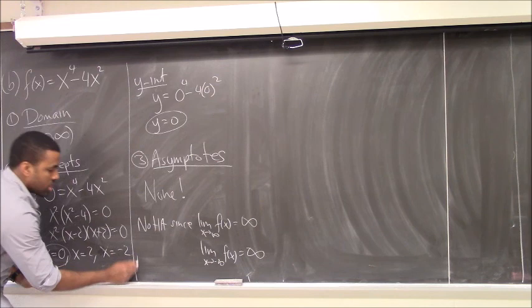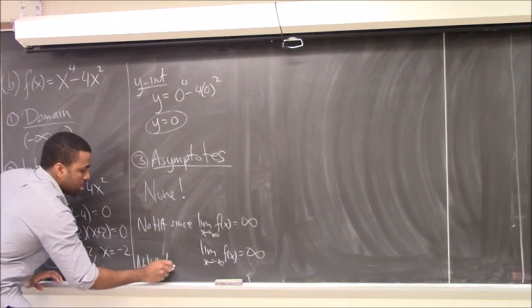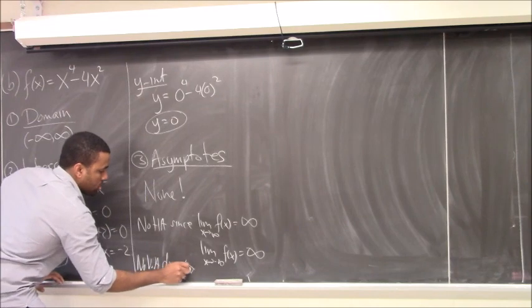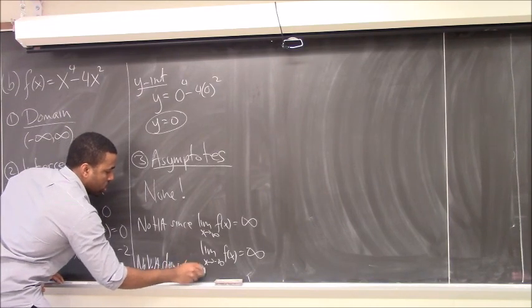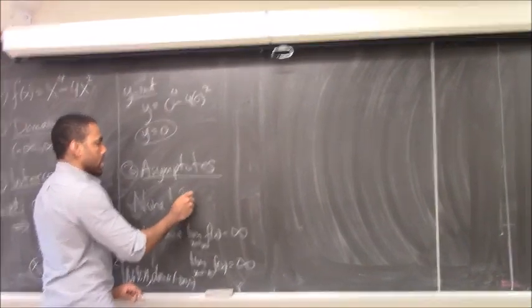And there's no vertical asymptote since the domain is all real numbers, right? There's no x value that I have to avoid. But you can just say none because it's a polynomial, and that will be fine.